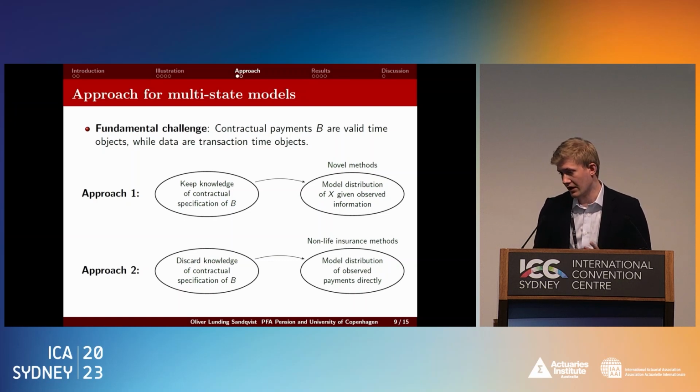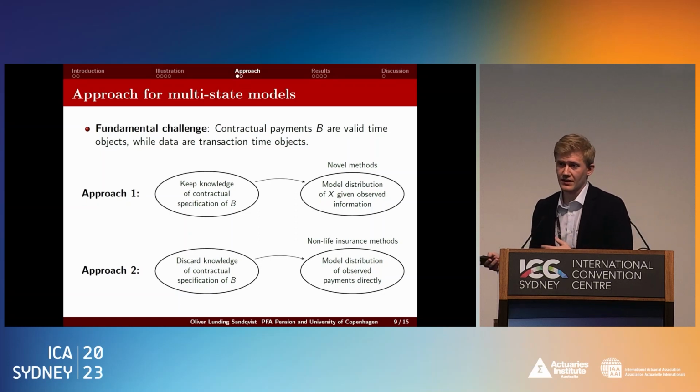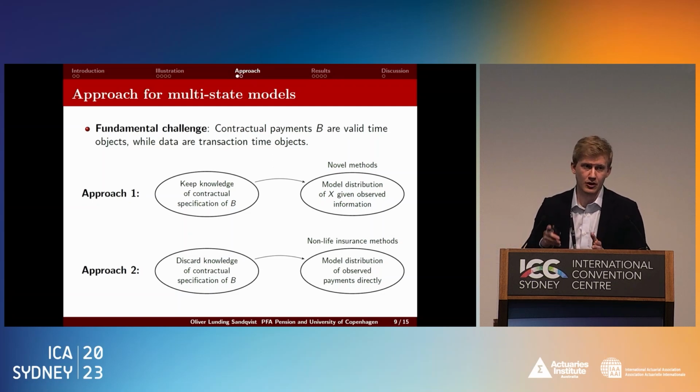Now, there are two possible approaches in how to do this. The first, maybe most natural approach, is you try to keep this information that you have about how B depends on your state process in your models. But then what you need to do is model the distribution of your state process conditional on the actually observed information.